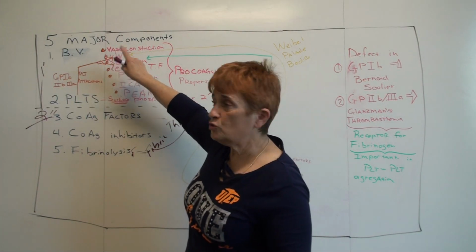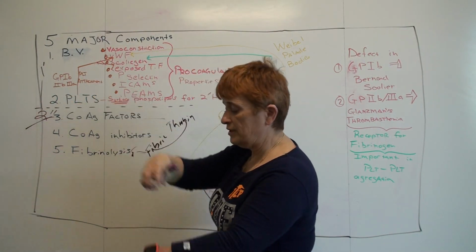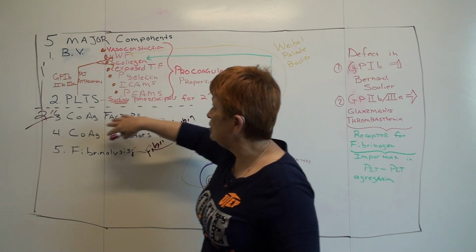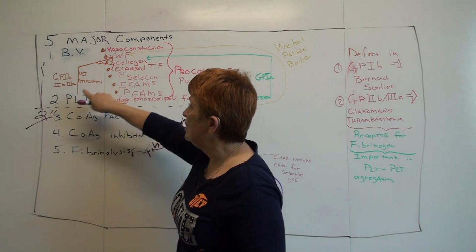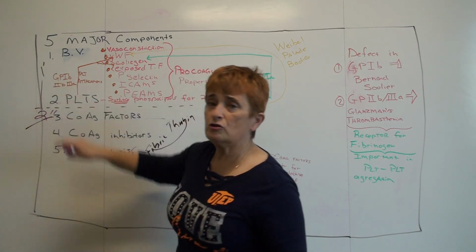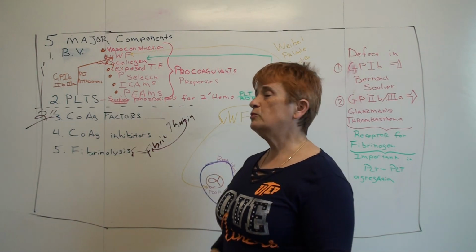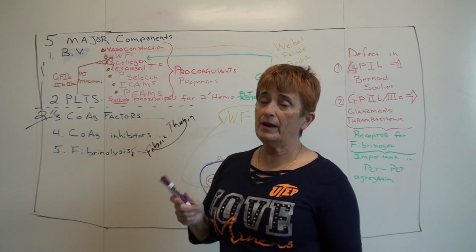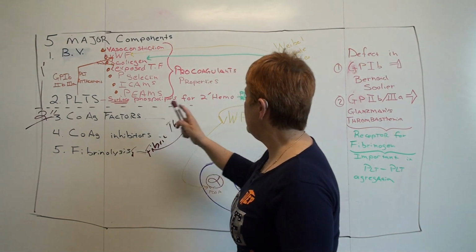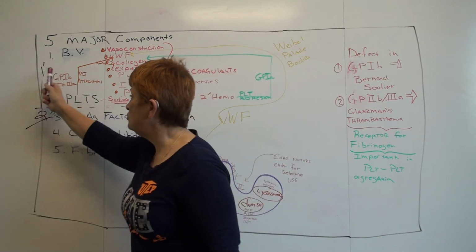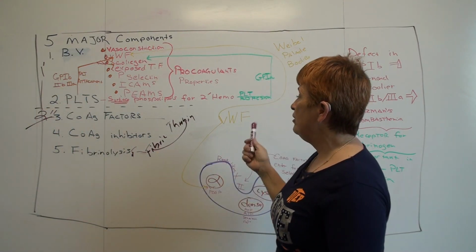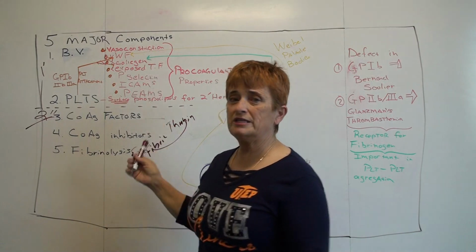Again, the exposed skin has von Willebrand's factor, and they're going to attach to that by your GP1B and your GP2B3A. So that's why it's really important for you to remember, in that PowerPoint slide about platelets, GP1A, GP1B, 2B, and 3A. Very important, because that's how they're going to stick.